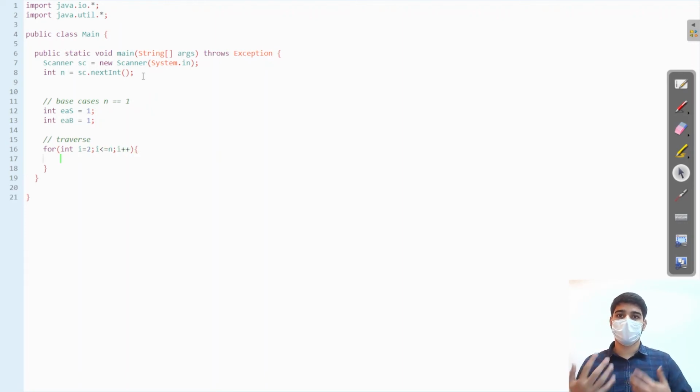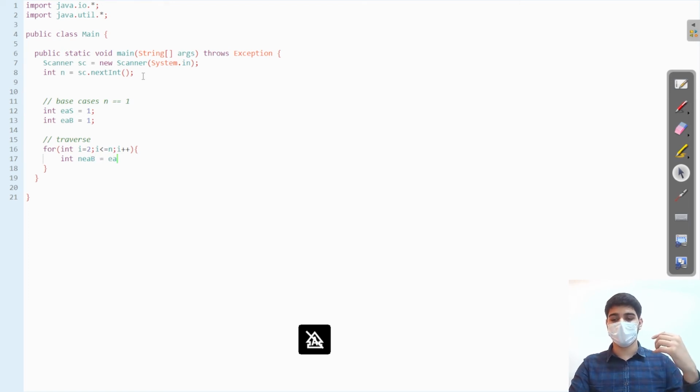At every state, what I have to do, I have to create a new ending at building, right, which will be equivalent to my ending at space, right? I can only add a building after a space, and my new ending at space is equal to ending at building plus ending at space, right?